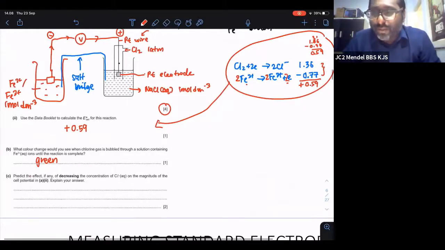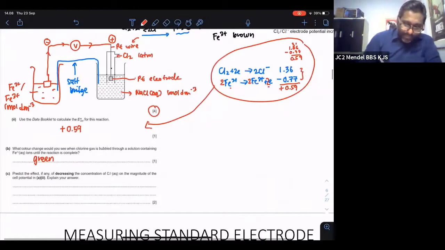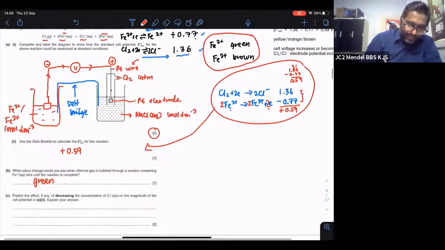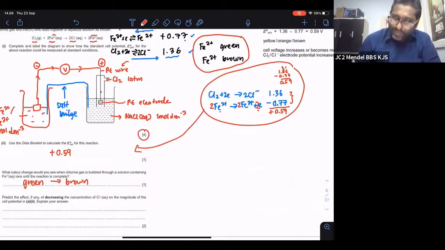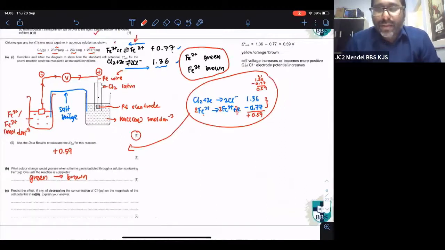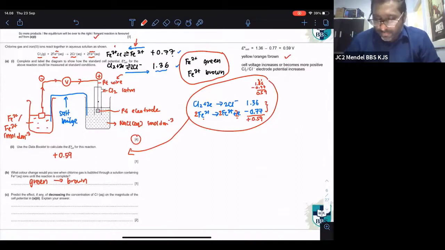Fe3+ is brown. So the color change is from green to brown. If you look at the marking key given, they say yellow, orange, or brown. But if you want a better answer, please answer green to brown. That will be a better answer for this question.